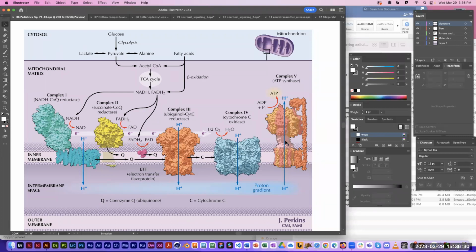And that literally drives like a little gear mechanism in here, which then produces ATP. So you get ADP plus phosphate gives you ATP, and that's all being produced by this hydrogen ion or proton gradient. So that's a newer example.